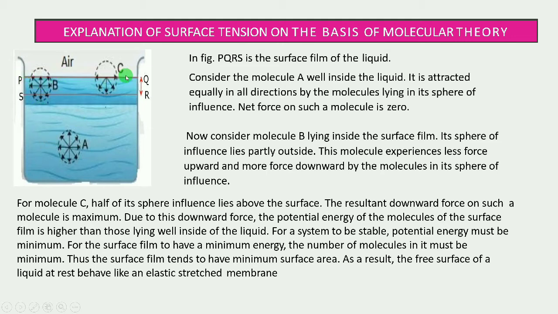So the number of molecules on the free surface will be minimum, and because of that minimum number of molecules, the free surface of the liquid will have minimum surface area, right? As a result, the free surface of the liquid acts like a stretched elastic membrane, okay. That's why a small insect can walk on the surface of water.